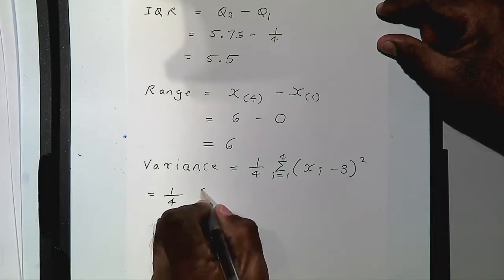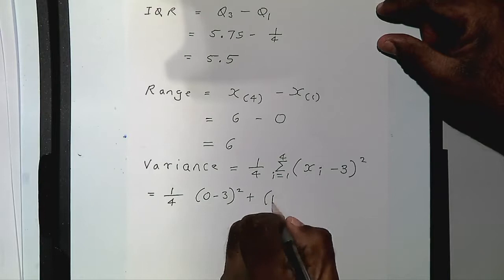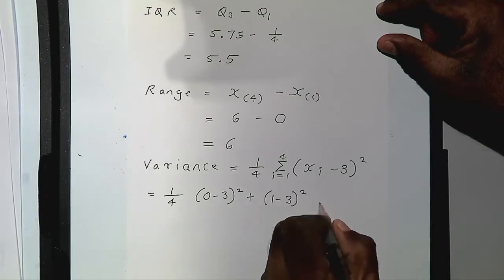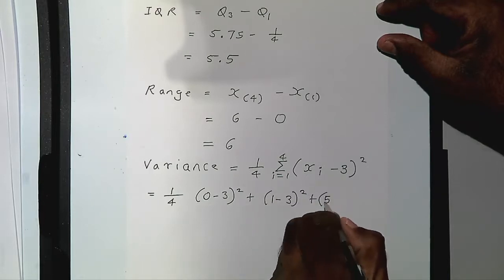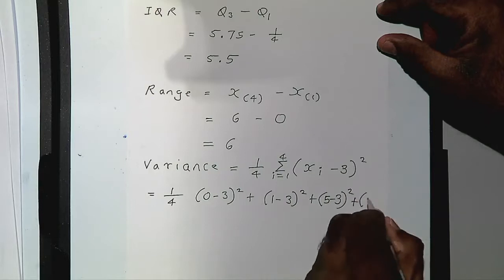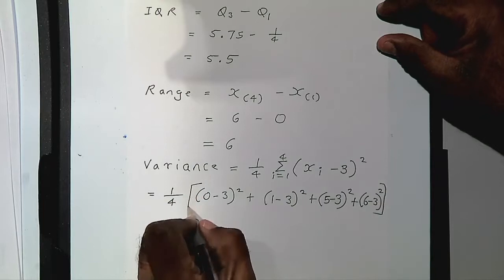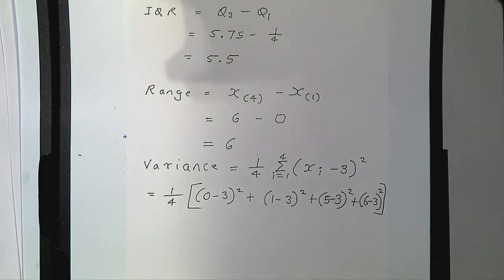The first term is 0 minus 3 squared. So this is the formula for the variance, right?